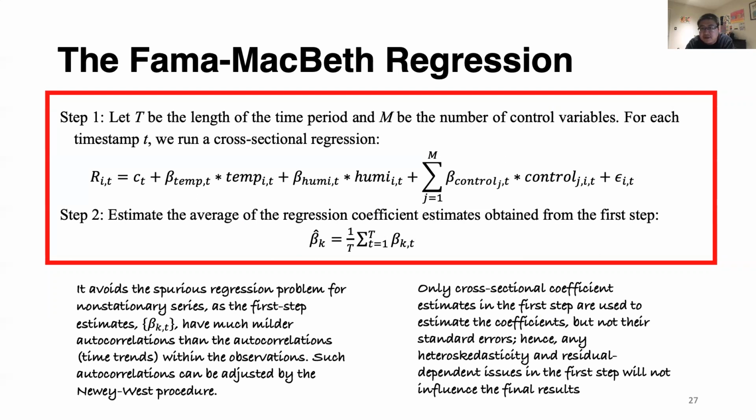An increase in the relative humidity by 1% is associated with a reduction of R value by 0.0076 in China and by 0.008 in the US.